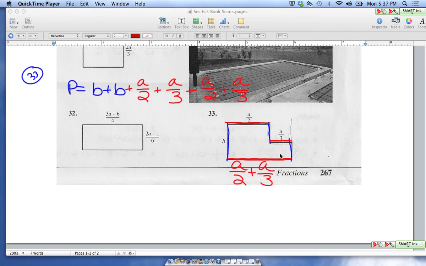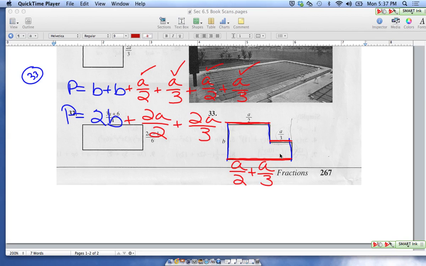And then combining like terms, the perimeter would be 2b, and then I have 2a over 2, and of course I'll simplify all of this, but just for gathering everything, a over 3 plus a over 3 is 2a over 3.